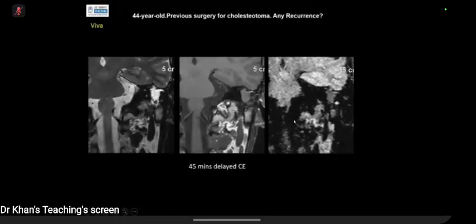So these are coronal images of the brain. Then on the T2 image, it's high signal; post-contrast, can't appreciate much enhancement. Then on the DWI, I can't see any high signal there.